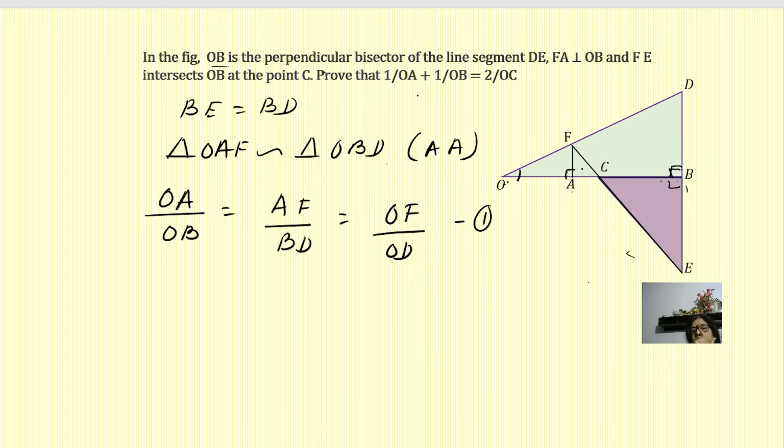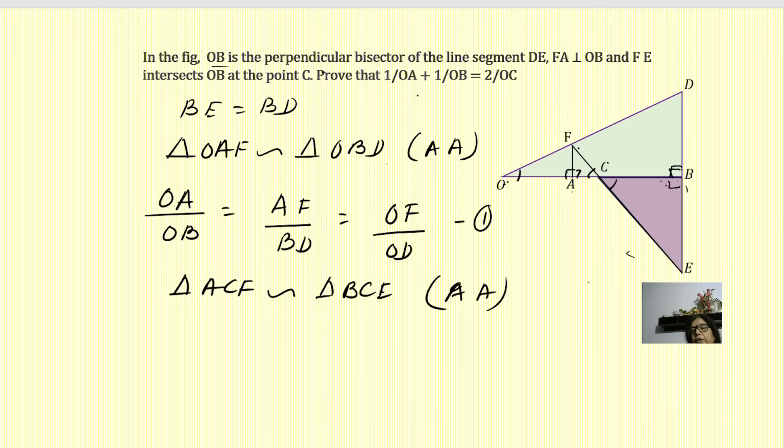Now let us take the triangle ACF and the triangle BCE. In these two triangles, they have a pair of vertically opposite angles equal. This angle is 90, this angle is 90. So ACF is similar to BCE by AA criteria.